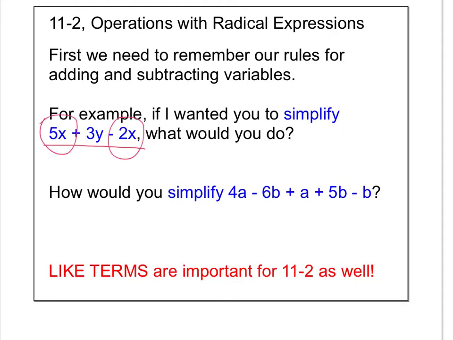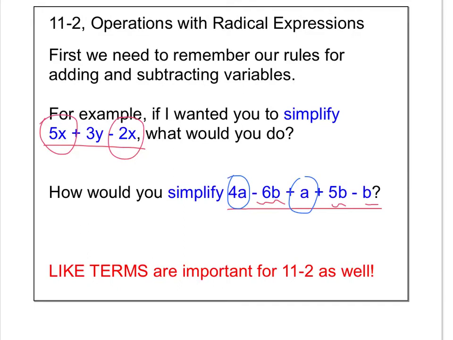So when you look at a problem like 4a minus 6b plus a plus 5b minus b, you know that there's only specific terms that you can add together. Here I'm just circling the a's, writing a line underneath the b's, signifying that we're only combining those terms.